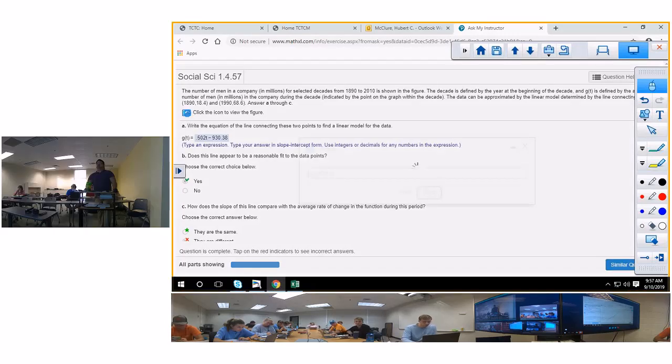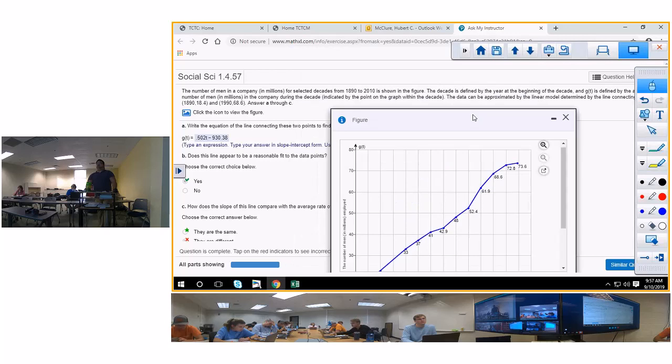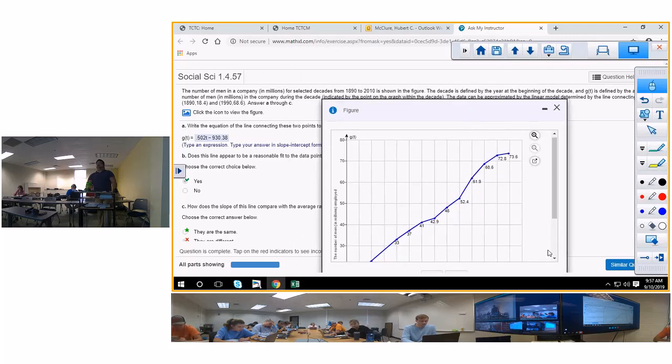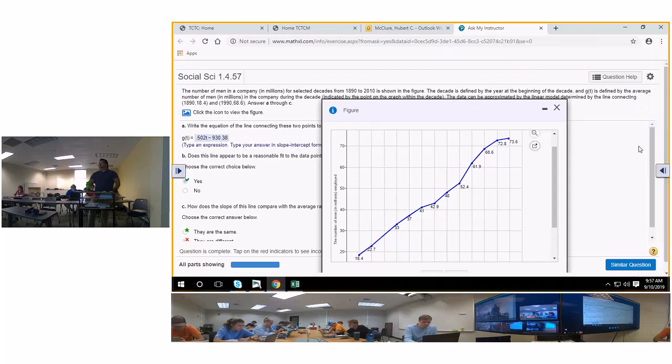All right. First of all, they show you a picture. Let me move it. There you go. Number of men in company, millions to decades. A decade is defined by the year at the beginning of the decade, and is defined by the average number of men.